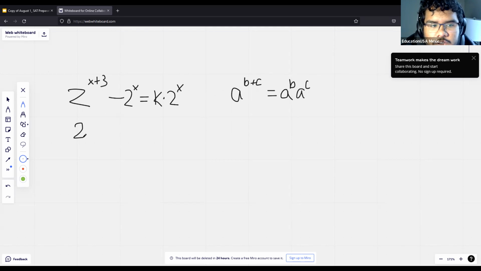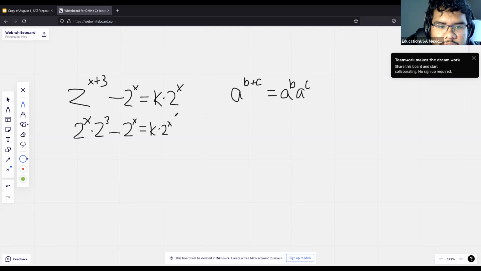And when we do that, we wind up with something looking like this: 2 to the x times 2 to the third power minus 2 to the x equals k times 2 to the x. Now, we can see there's a 2 to the x in every single term.